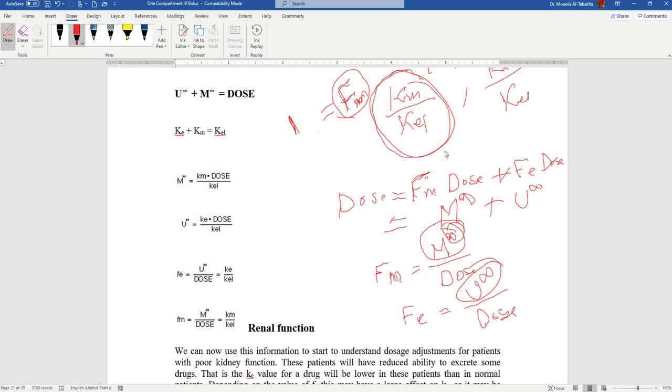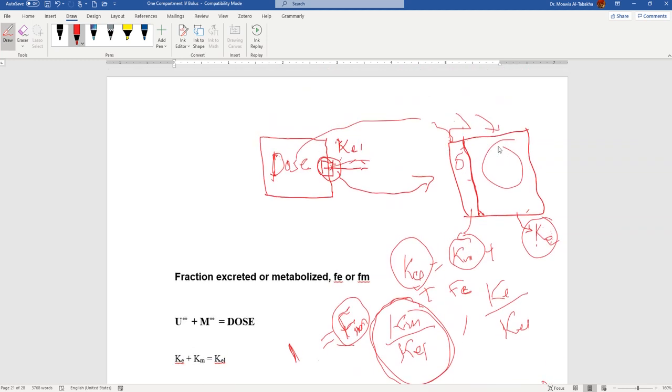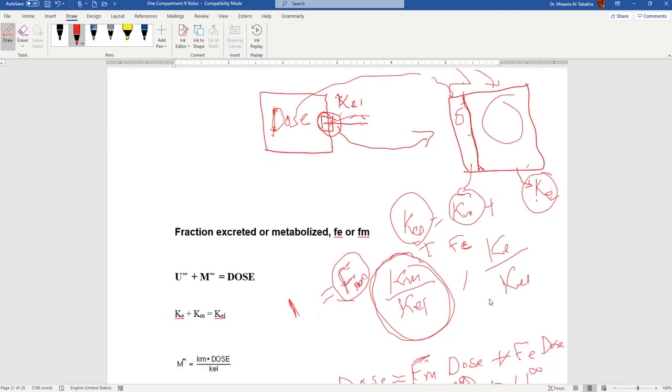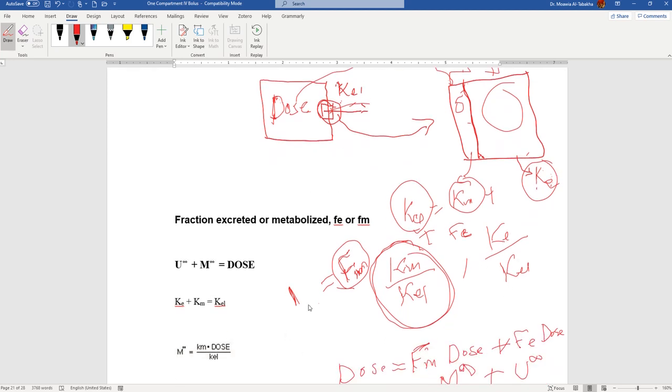It can be metabolized and it can be excreted depending on the sizes. Okay, and we learned that if most of the drug gets excreted, and the fraction excreted, which is KE over KL, is closer to 1, meaning most of the elimination is KE and it got blocked, meaning there is kidney failure, because through the kidney we have excretion.